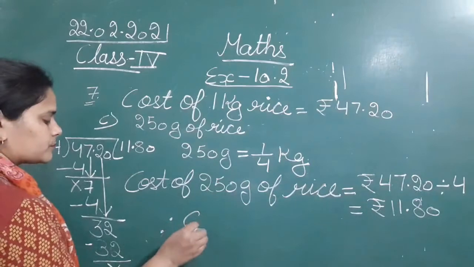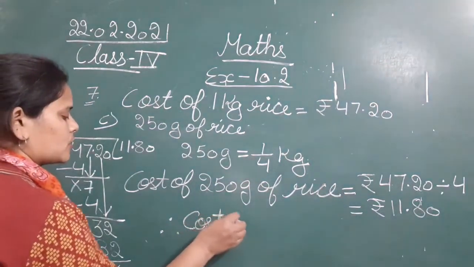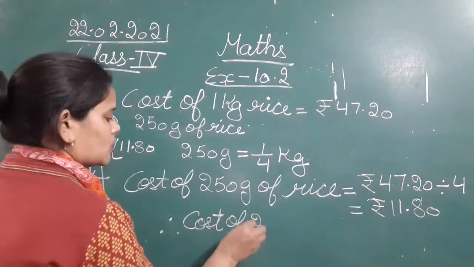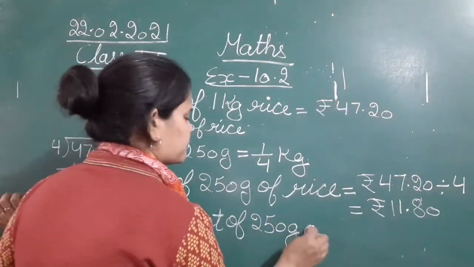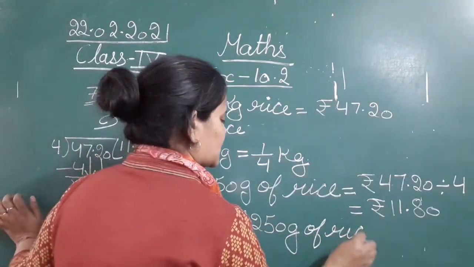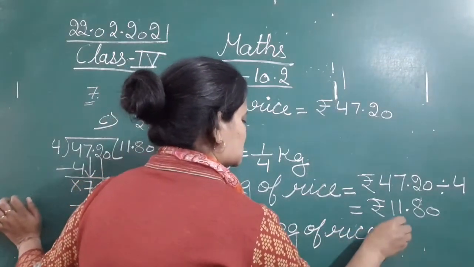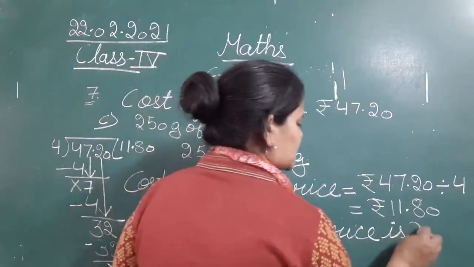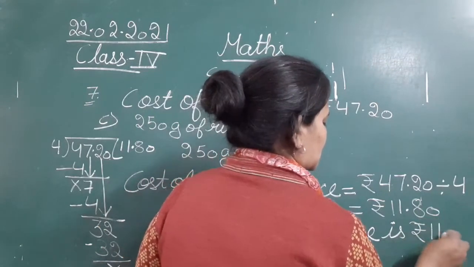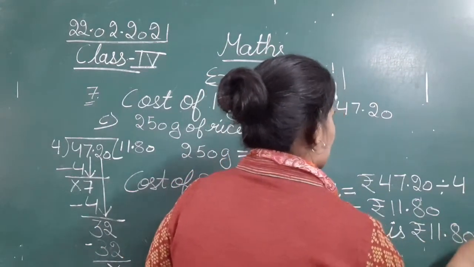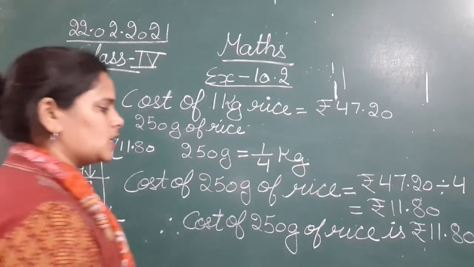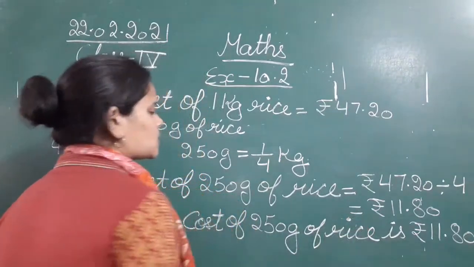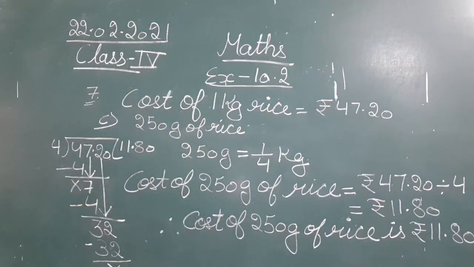Therefore, cost of 250 gram of rice is 11 rupees and 80 paise. So, this is the cost of 250 gram of rice.